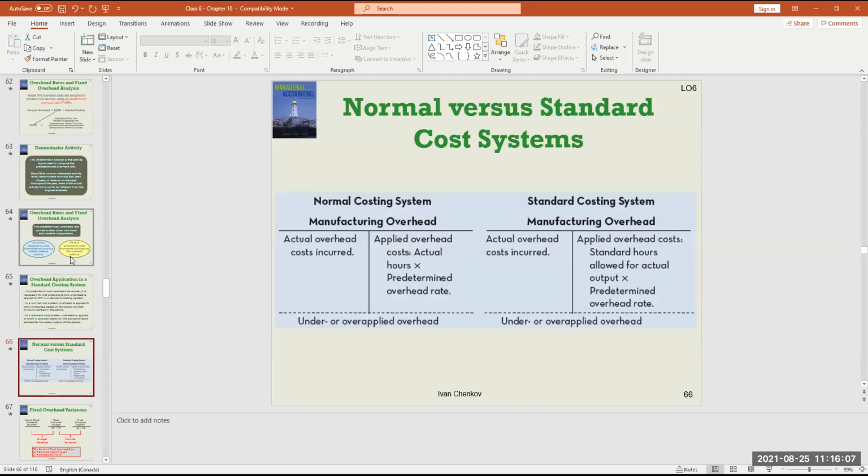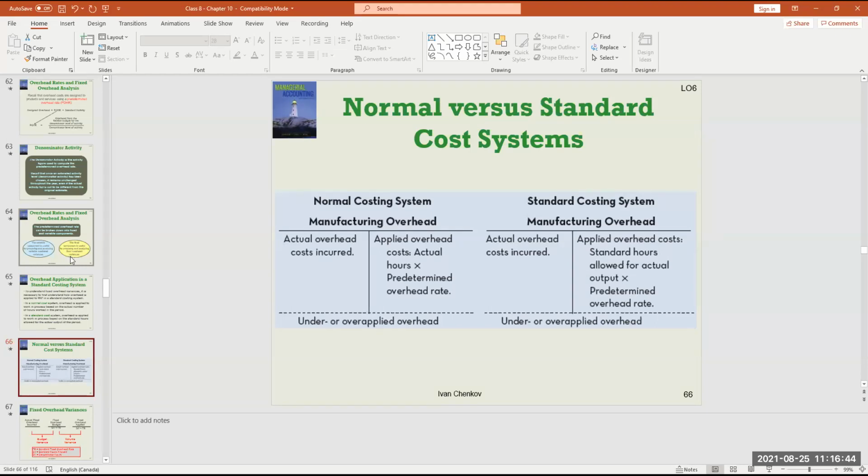So again, how is this going to look in the chart? We're going to have a normal system where the manufacturing overhead is applied based on the predetermined overhead times the actual hours, or actual usage of the allocation base, whereas in the standard system, we still apply the predetermined manufacturing overhead, but it is applied based on the standard hours allowed for the actual production for the period.